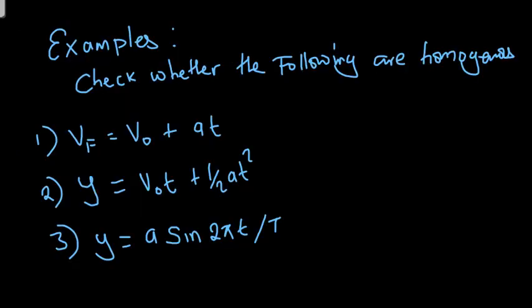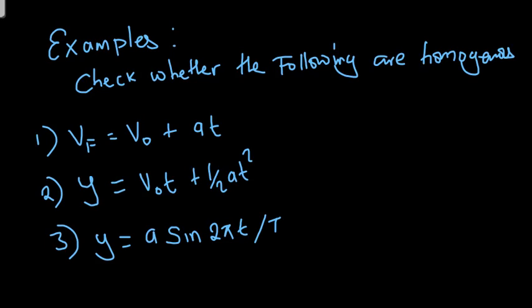So let's look at a few examples where it says to check whether the following equations are homogeneous, or check if they are dimensionally correct. In order to check for these equations, we will need to follow the rules that I have highlighted.